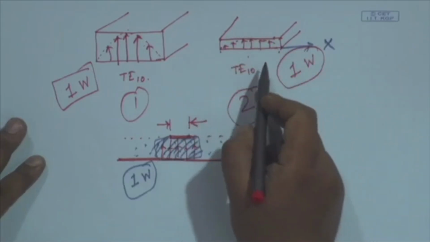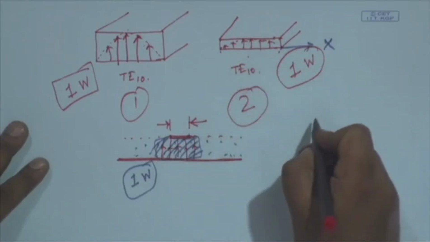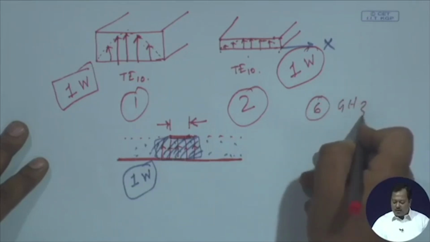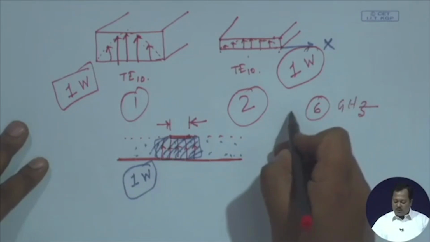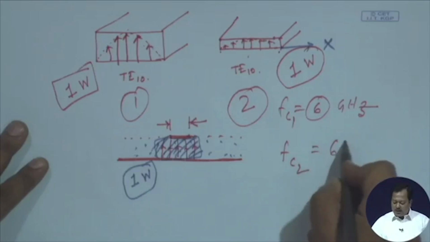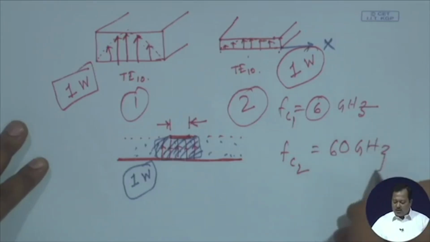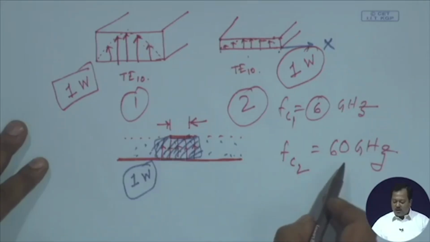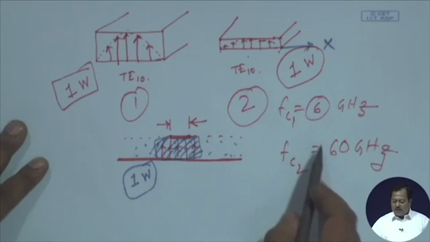So, if I design one rectangular waveguide, let us say at 6 gigahertz, FC equal to 6 gigahertz, case 1, and in the second case FC is 60 gigahertz, then what we expect for the second case is that the broadside dimension of the waveguide is 10 times smaller than the first case.